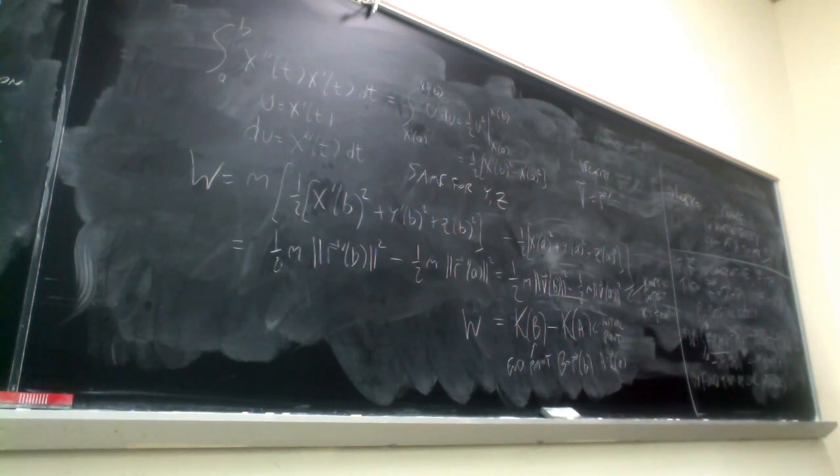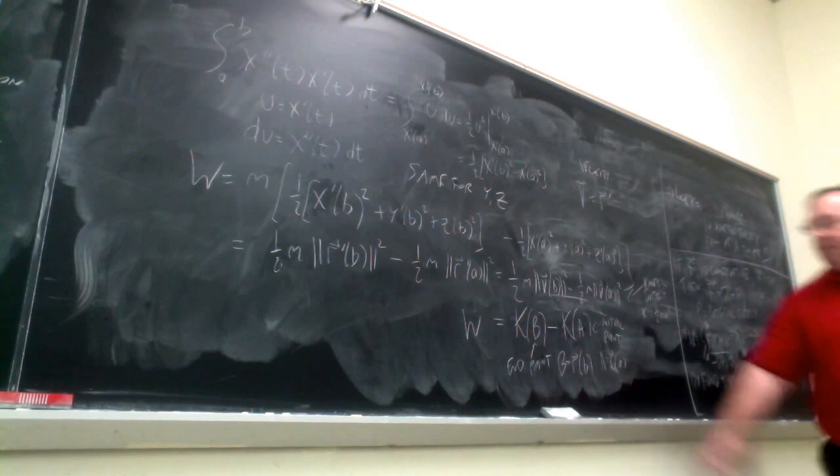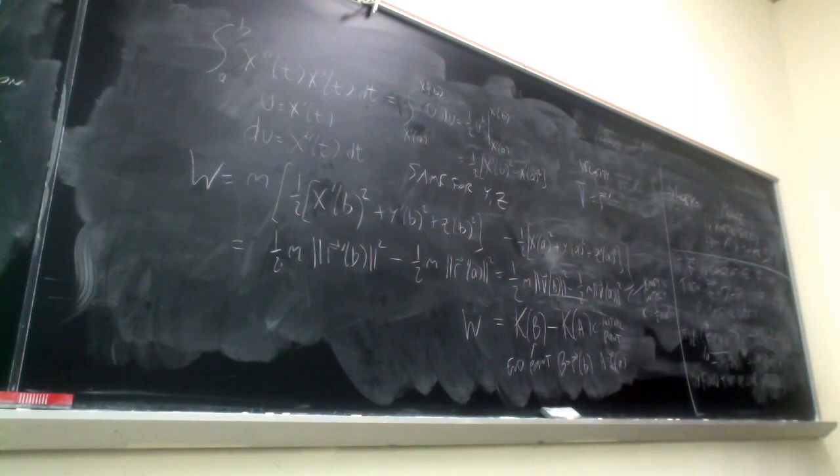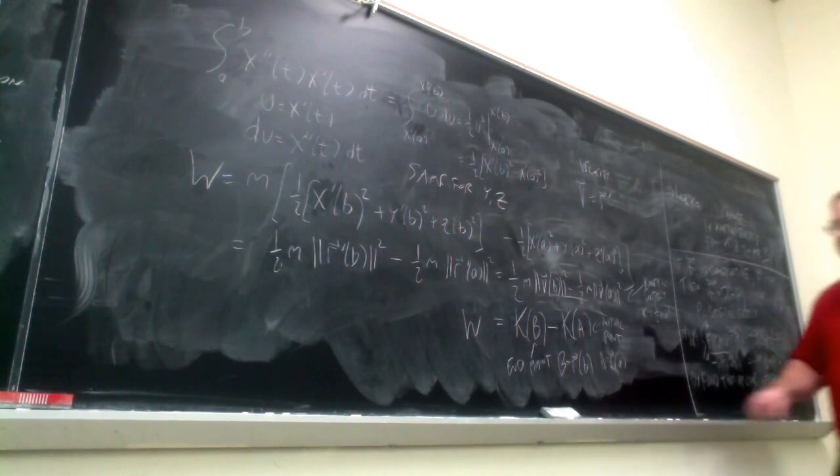Now we have two ways of evaluating work: the change in kinetic energy, or minus the change in potential energy. Well, work is the same no matter how you evaluate it, so certainly these two expressions must be equal to each other.